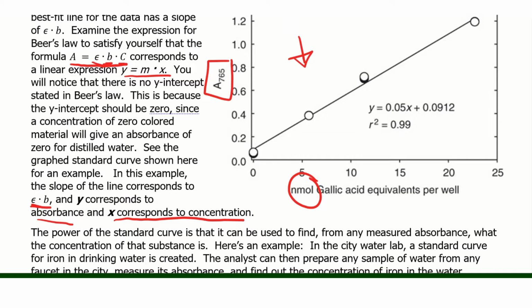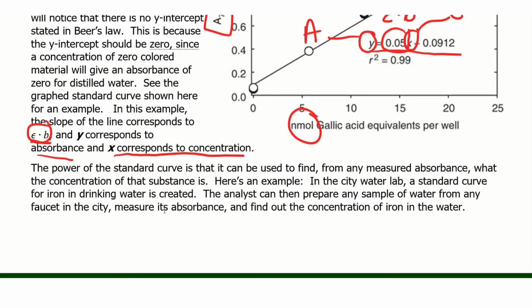So here, when you generate this line, this slope right there is equal to this times b. Your y here corresponds to your absorbance, and your x corresponds to your concentration. So you can see how you can relate this to Beer's law.